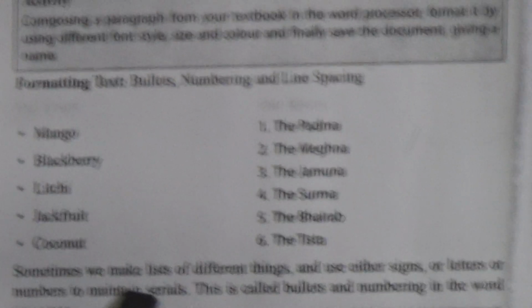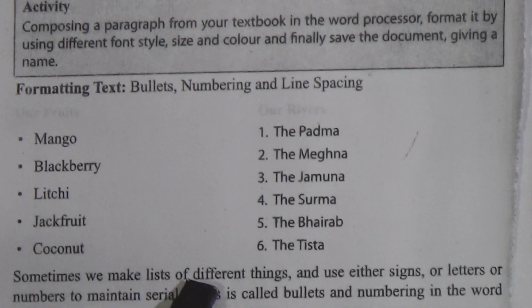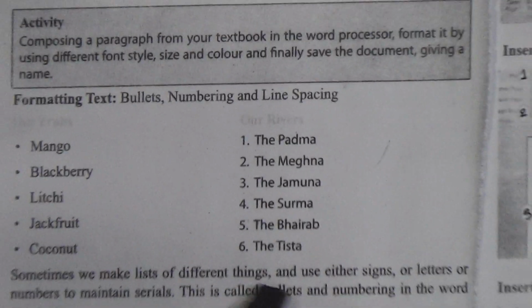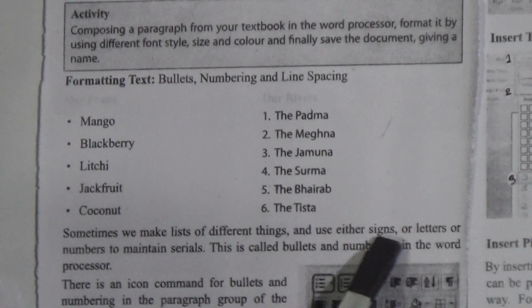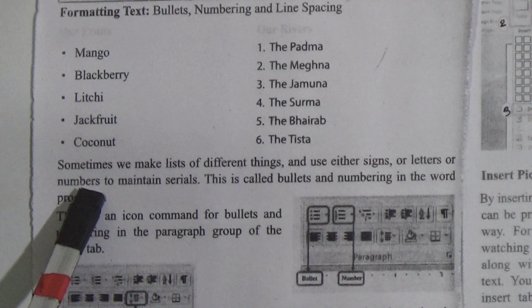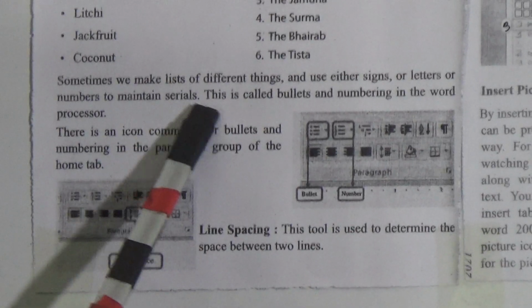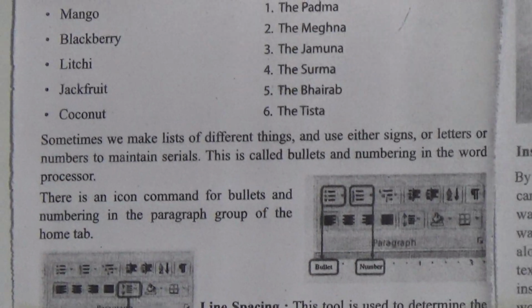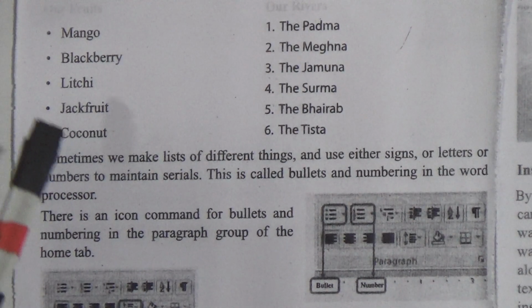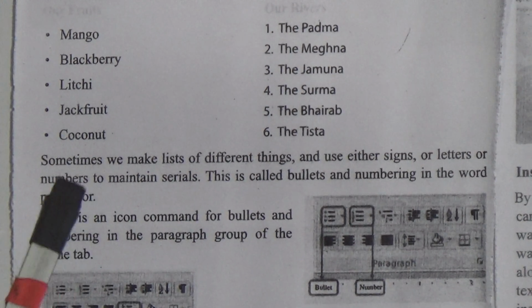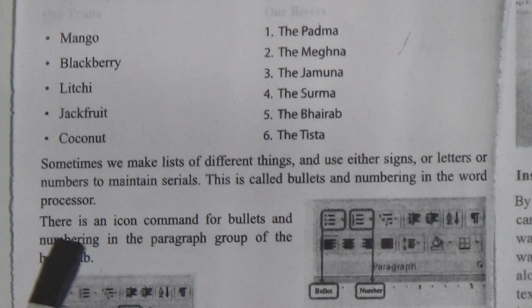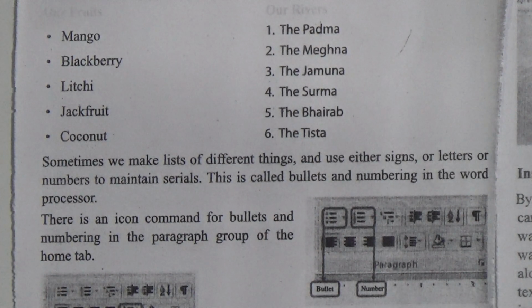Sometimes we make lists of different things and use either signs or letters or numbers to maintain serials. This is called bullets and numbering in the word processor. That means when we make lists, if we want to specify the names, we use special symbols, special signs.